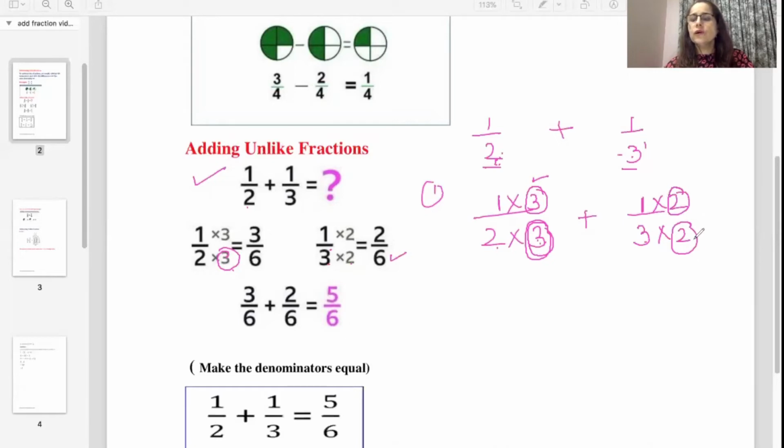So 3 ones are 3, 3 twos are 6. 2 ones are 2, 2 by 6. So adding, now it is a like fraction. How to add? Simply adding the numerators, which is equal to 5, and we write the denominator as it is. So this way we can add unlike fractions also.